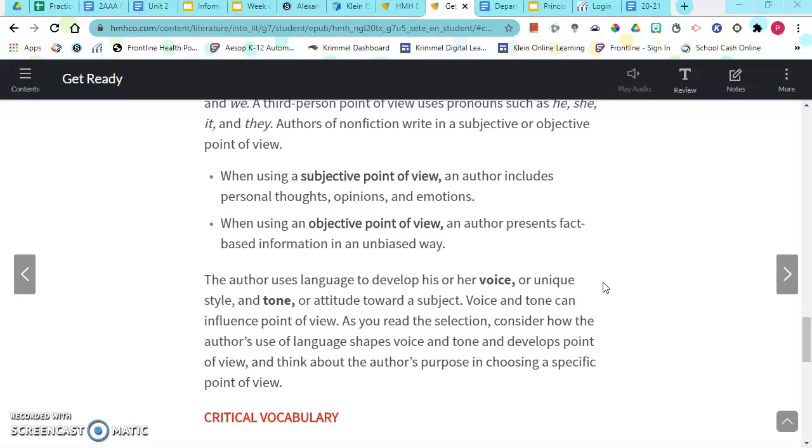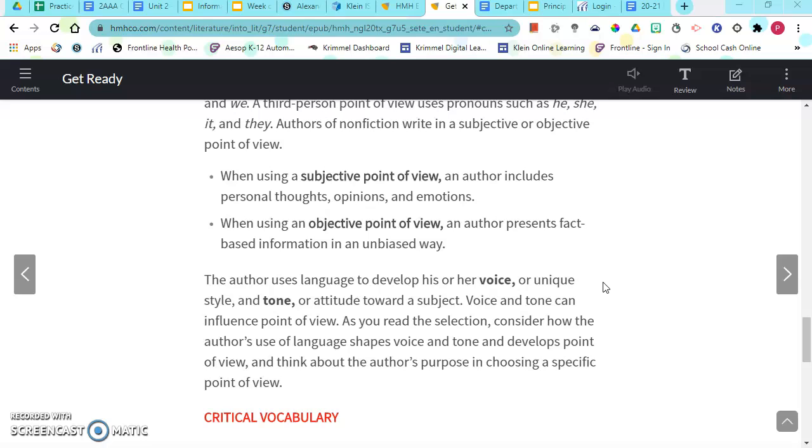Also, the author's tone or their attitude toward a subject is a very important part of informational text. Voice and tone can influence the author's point of view. As you read the selection, consider how the author's use of language shapes the voice and tone and develops the point of view on the article. Think about the author's purpose in choosing a specific point of view.